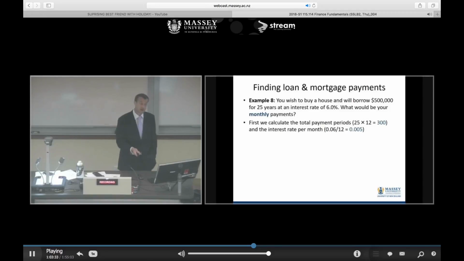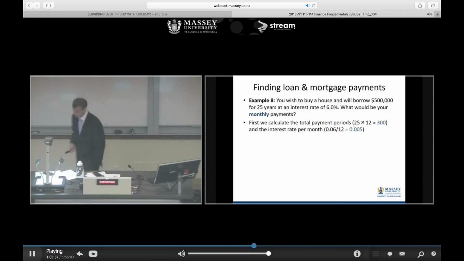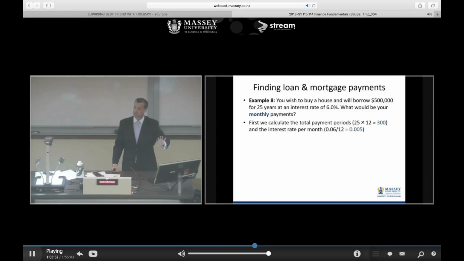So that's 300 payments we're going to have to make. The next one is, okay, for each one of these months, what is the bank actually charging us? It's 6% over the entire year, but 1 month's worth of that is actually only 6% divided by 12, which is like 0.5%.